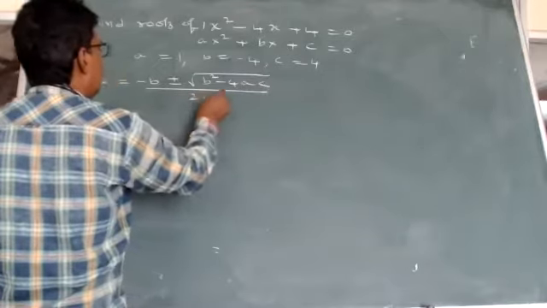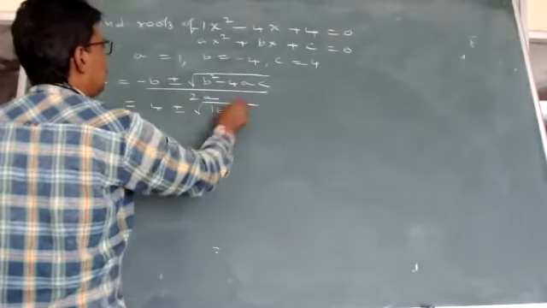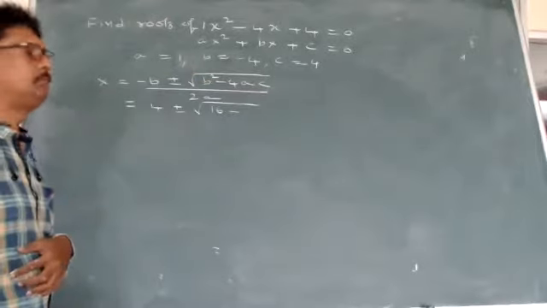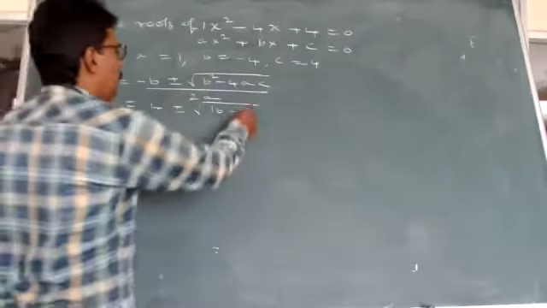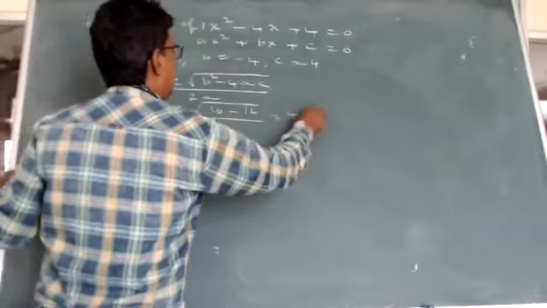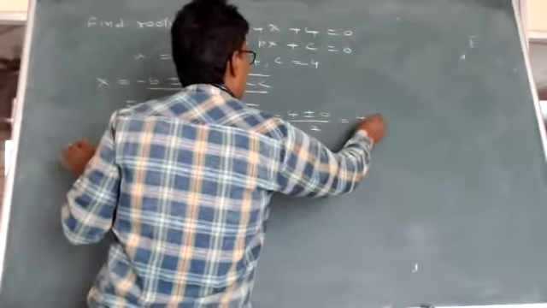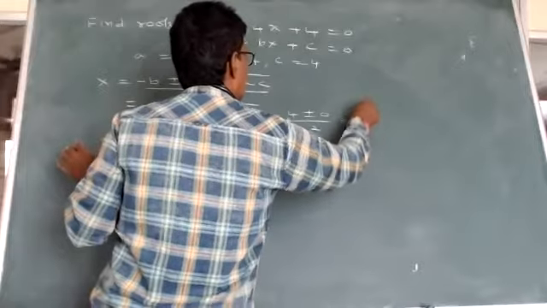Now using the formula x equal to minus b plus or minus root of b square minus 4ac by 2a, we get 4 plus or minus root of 16 minus 4 into 4, that is 16, by 2. So 4 plus or minus 0 by 2.